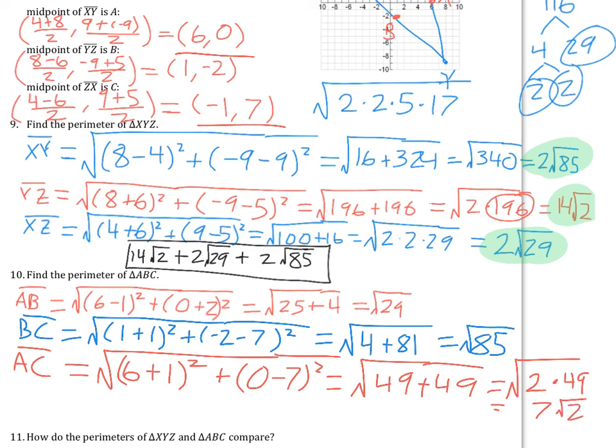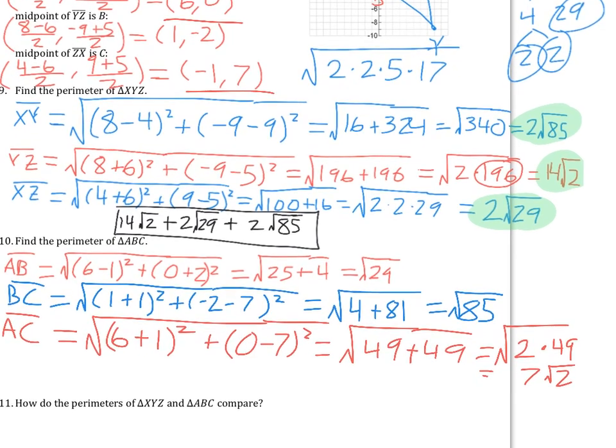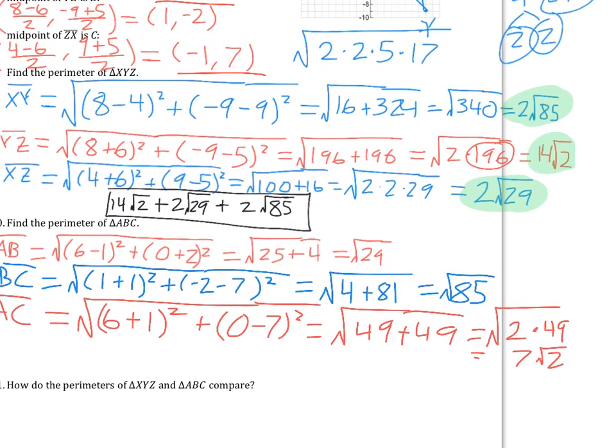Alright, so the perimeter is just going to be those 3 numbers added together. So let's go in order. Smallest radical first. 7 rad 2 plus rad 29 plus rad 85.